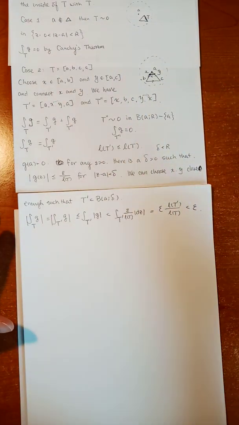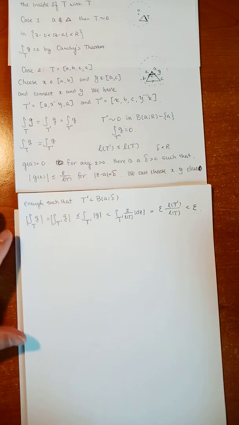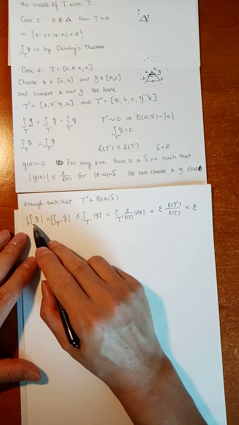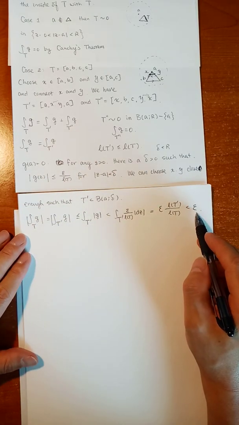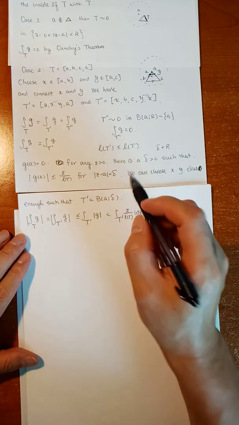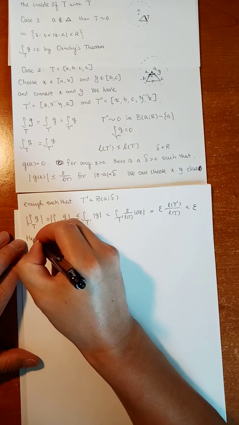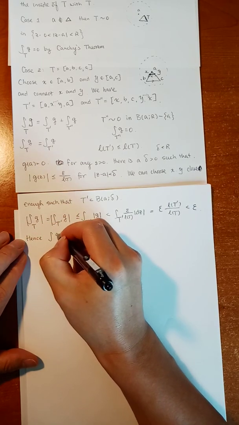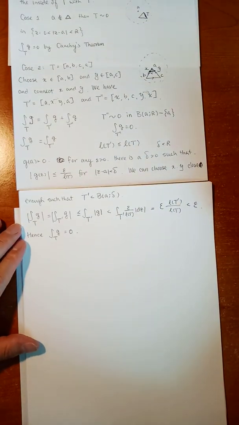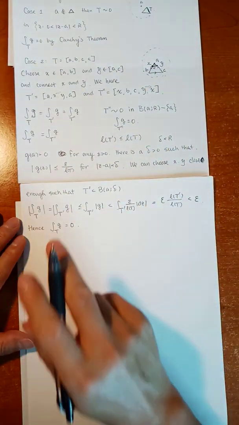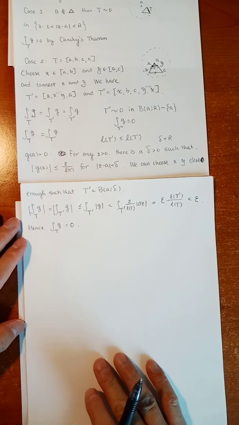All right. Okay, good. So we get the absolute value of the integral of G along T is always less than epsilon for arbitrary epsilon. Hence, this integral is equal to 0. Okay, this is case 2.